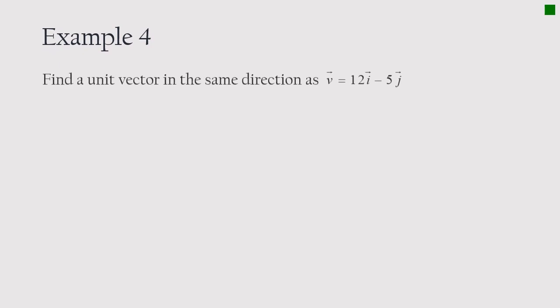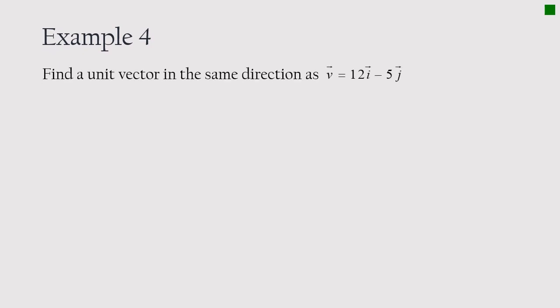So here's an example of this in action. Find a unit vector in the same direction as that vector. Okay, so first of all, we know that the unit vector equals the vector divided by the magnitude of that vector. We already know the vector is this, so let's find the magnitude of it now.